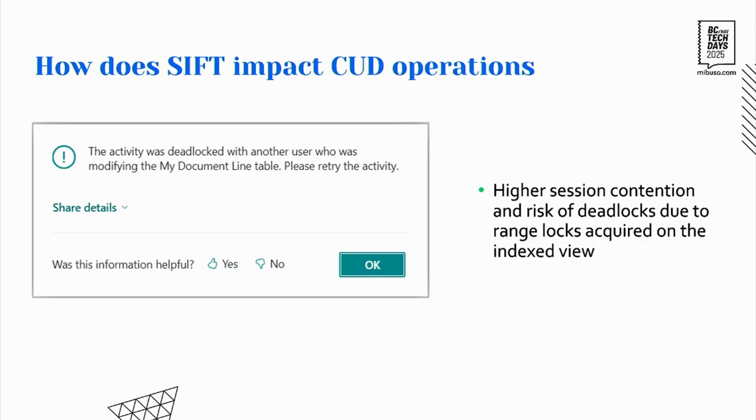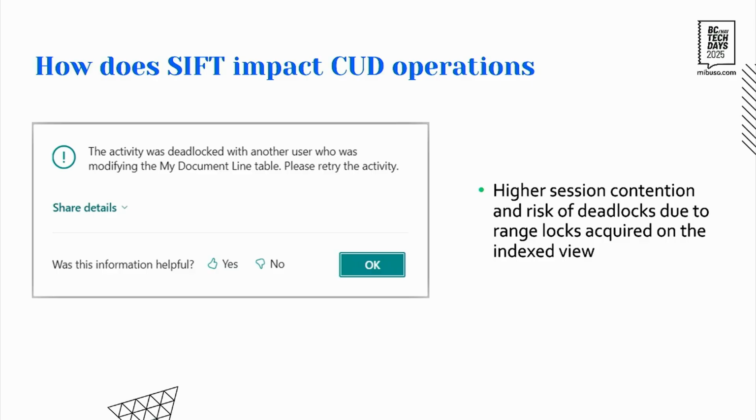The risk of running into this scary message increases manifold when you have multiple SIFTs, especially in environments with multiple concurrent sessions, with multiple updates, where many records are inserted and updated in parallel sessions. Why is this happening? I said already that a SIFT is almost a table, but there are significant differences.